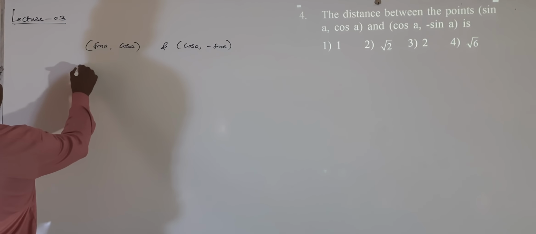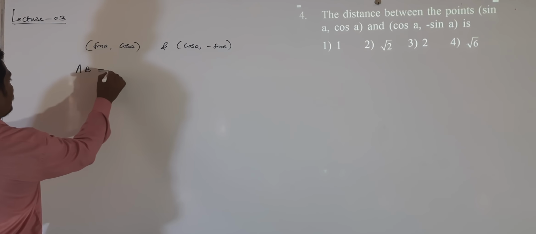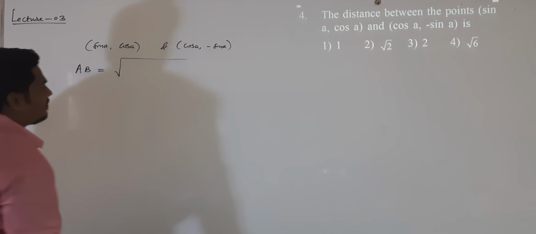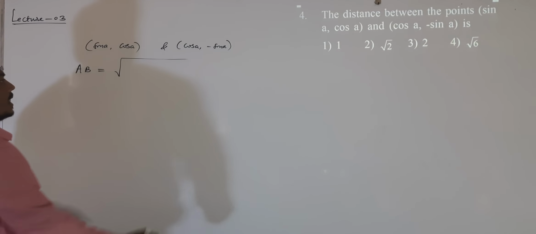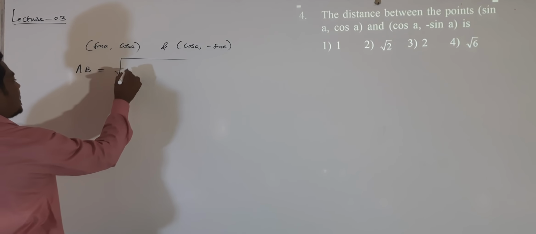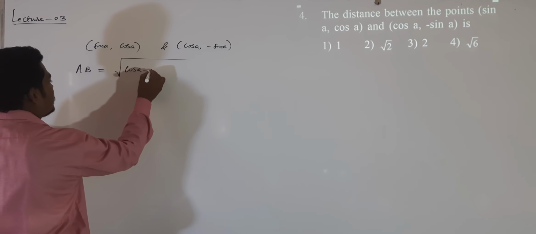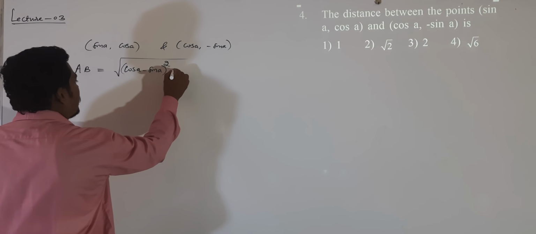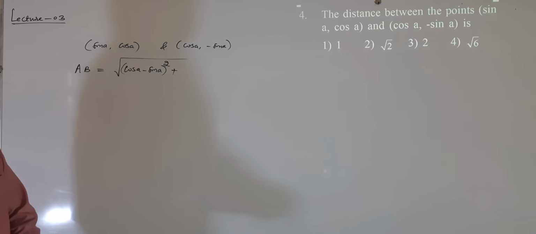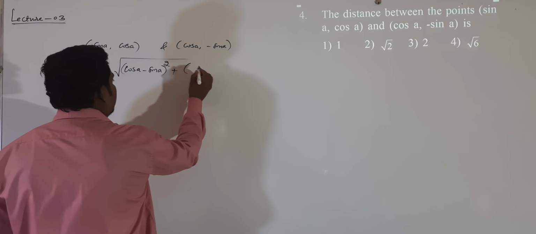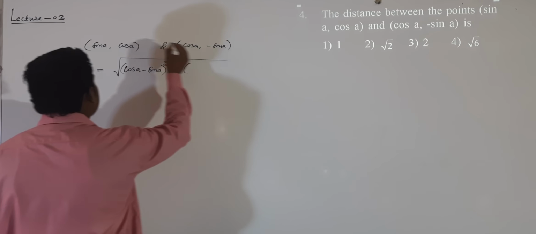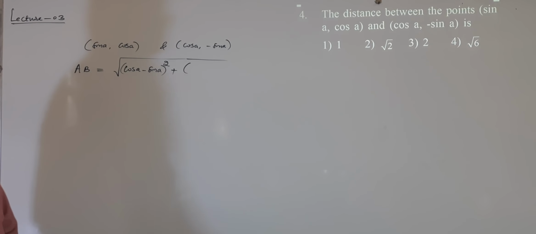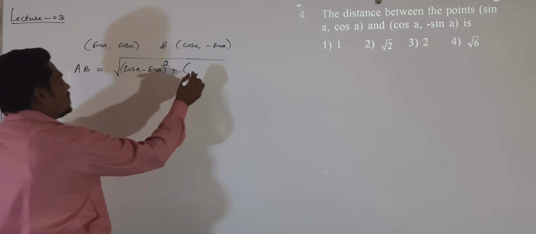AB is equal to, the distance between point A and point B is equal to square root of cos A minus sin A whole square plus y2 minus y1 whole square, minus sin A minus cos A.